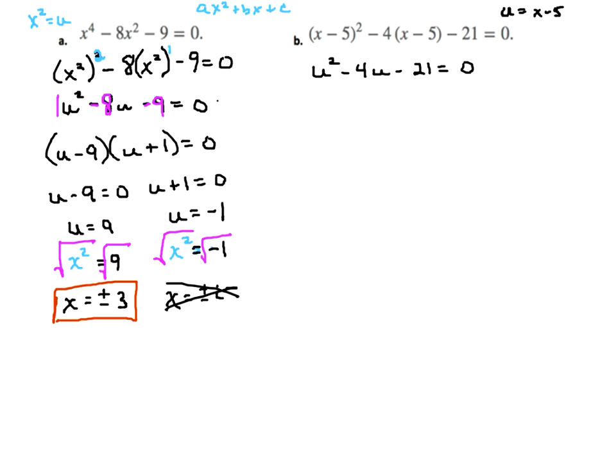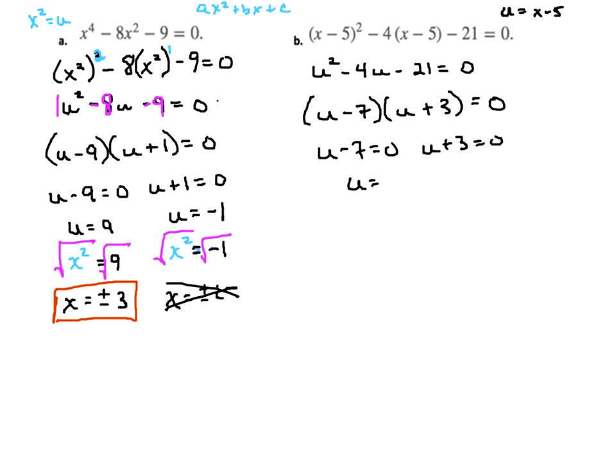The factors of negative 21 that add to make negative 4 are negative 7 and positive 3. There's a little insight on how to factor that. So u minus 7 equals 0, u plus 3 equals 0, u equals 7, u equals negative 3.